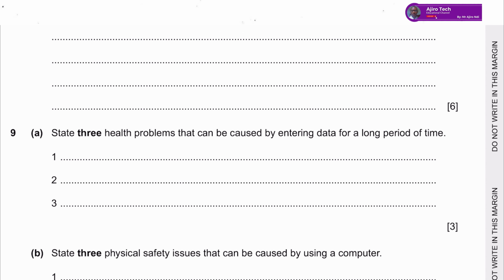Okay, let's look at question 9. State 3 health problems that can be caused by entering data for a long period of time. So let's talk about that. This will take us to chapter 5 of the textbook, right? Which is what? The effects of using IT.